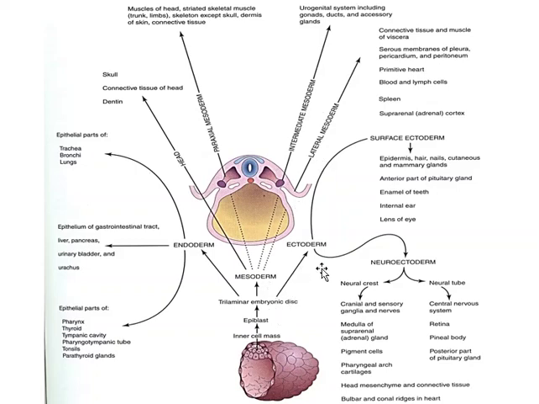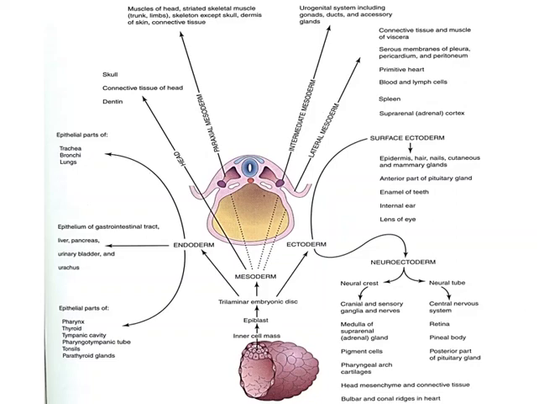While ectoderm, the surface ectoderm gives rise to the lens of the eye, internal ear, enamel of the teeth, anterior part of pituitary gland, epidermis, hair, nails, cutaneous and mammary glands. Neuroectoderm, the neural tube, contributes the central nervous system, retina, pineal body, and posterior part of pituitary gland.